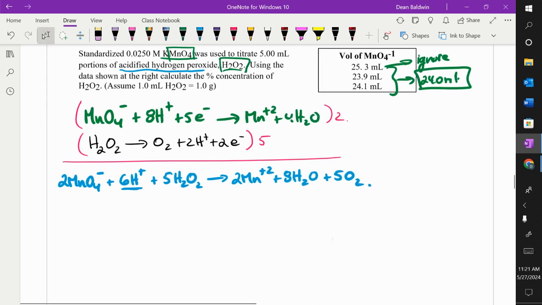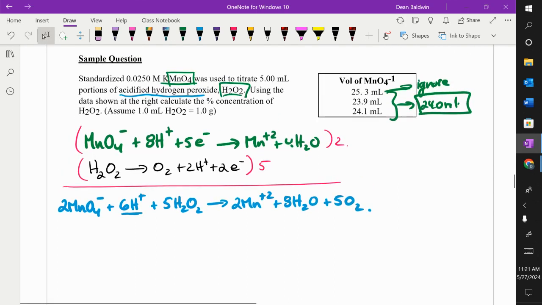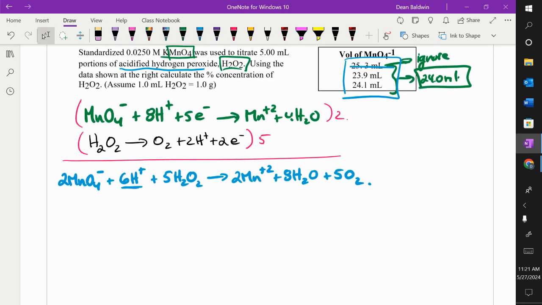All right, now it's a standard titration. So here's the 3 trials we did. We just said that we ignored the first one there, averaged the next 2, so an average of 24 mils of MnO4.